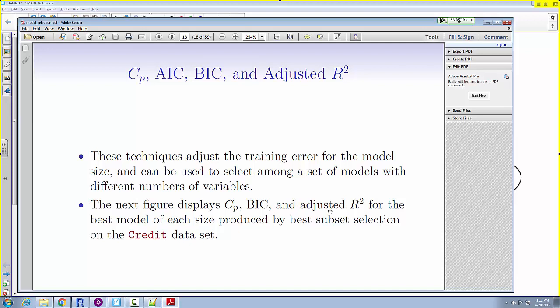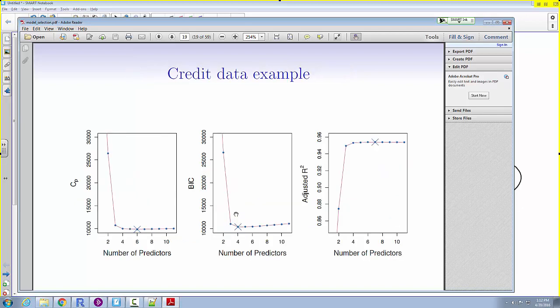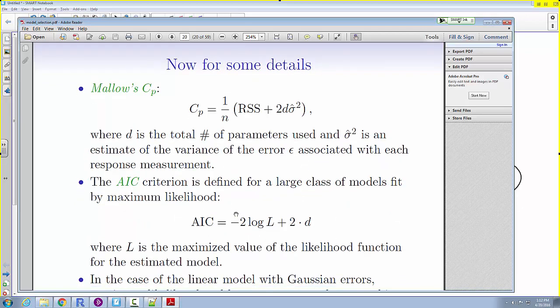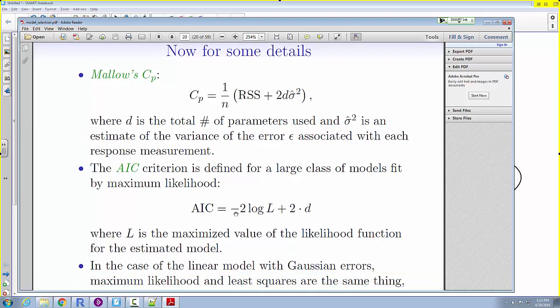That's the idea of adjusted R squared. That's the idea of what's called the Bayesian information criterion. And Mallow's CP, which is also called Akaike information criterion, AIC. So I'll leave you to enjoy those on your own time.